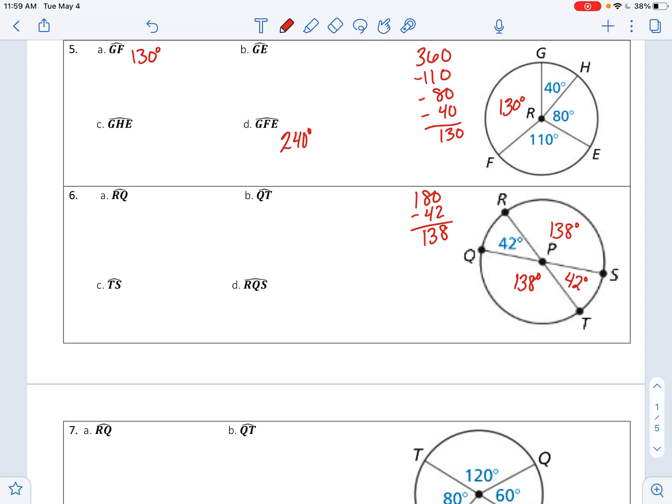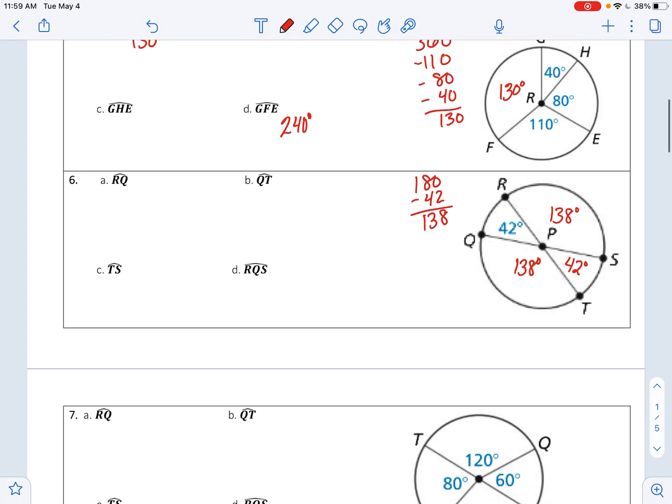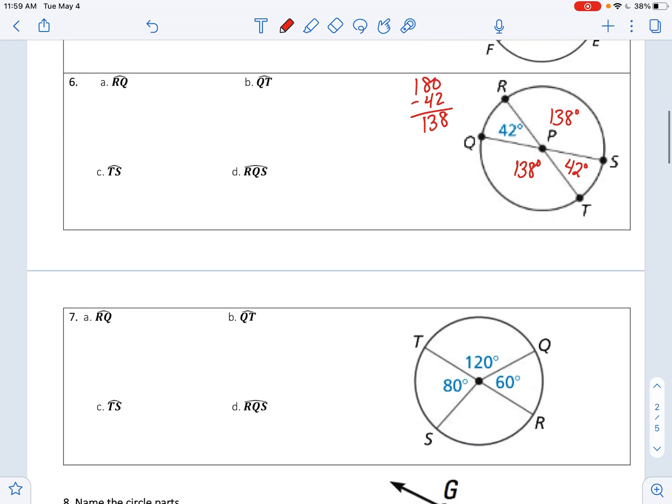Now, I'm going to caution you on this one because on number 7, some students might be tempted to think, well, this angle right here is vertical with this angle, but these are not vertical because this does not extend all the way across like this one does. You can see there's a little bit of a disconnect here.